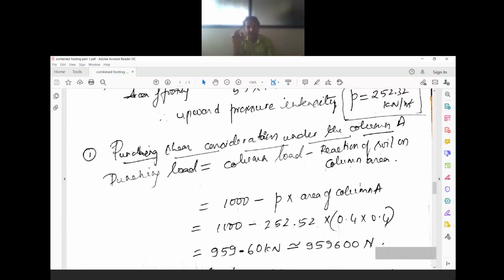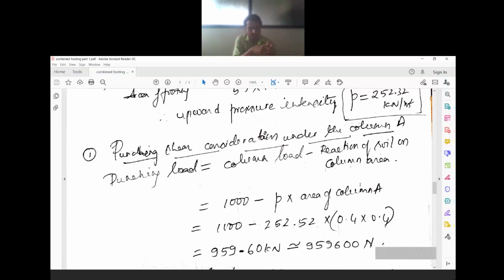There is another important parameter which is called punching shear. This is very important as a civil engineer. This is very basic knowledge, but most of the students will not answer this question, and most of the students would not be knowing what this punching shear is.